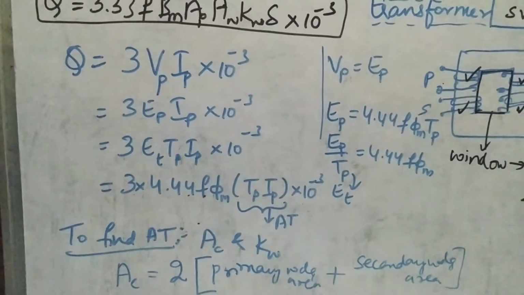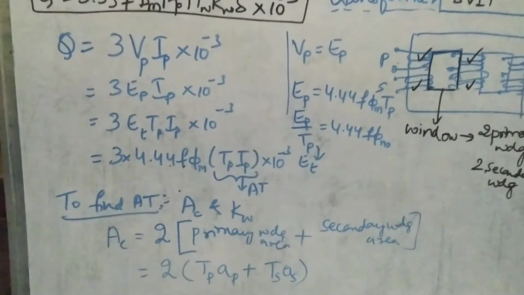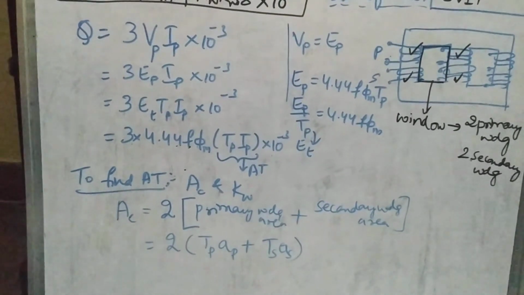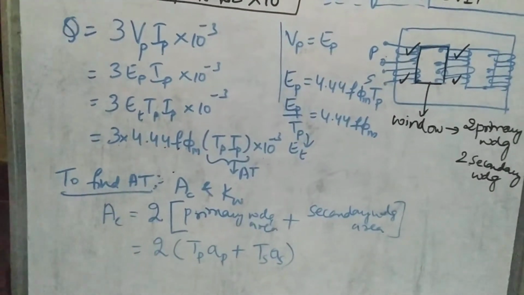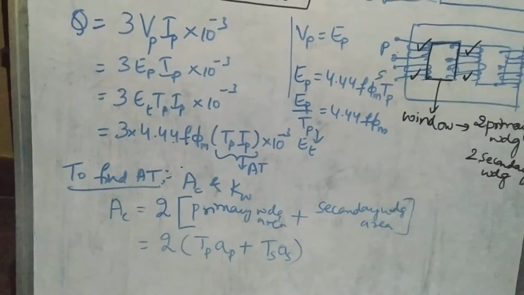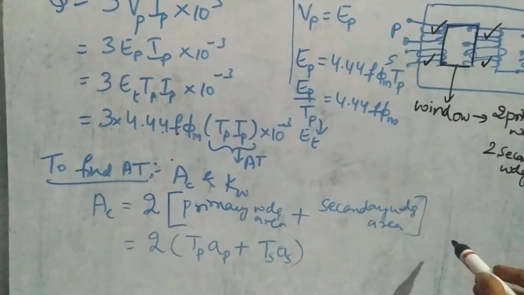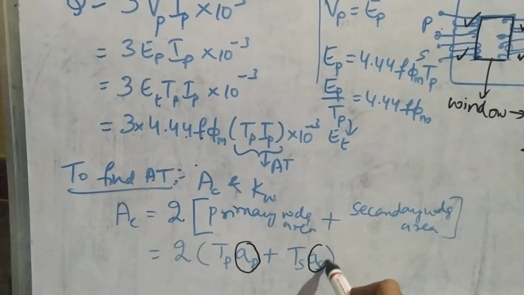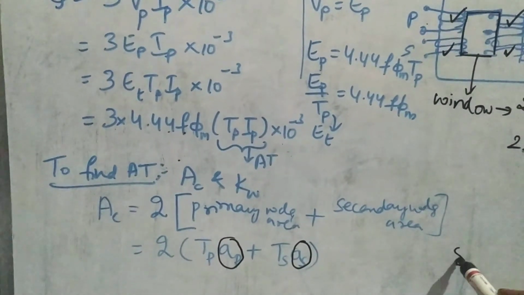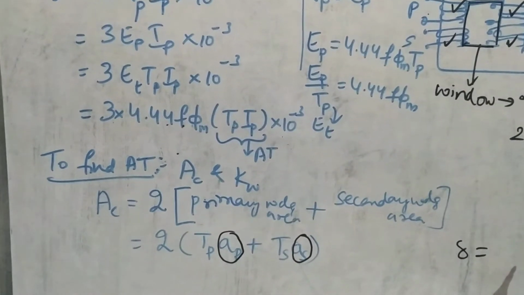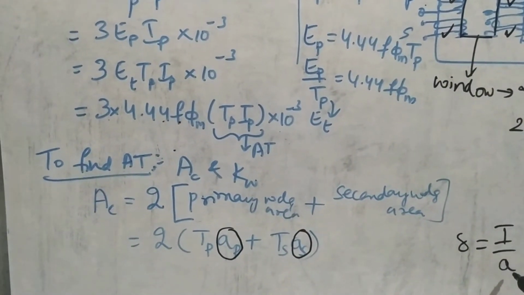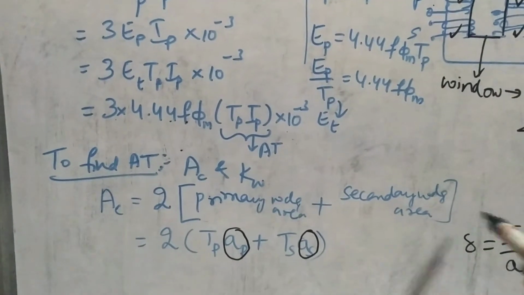Right? What we did in the single phase transformer, in the similar way we are going to realize here. The area we have to take out, how? By making use of the formula of current density. Current density is given by current by area. Therefore, area will be given as current by current density.